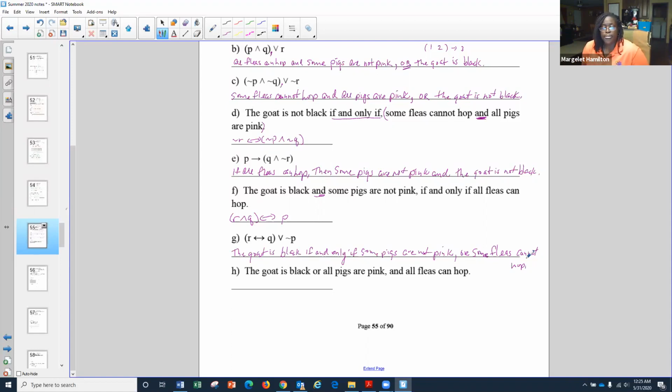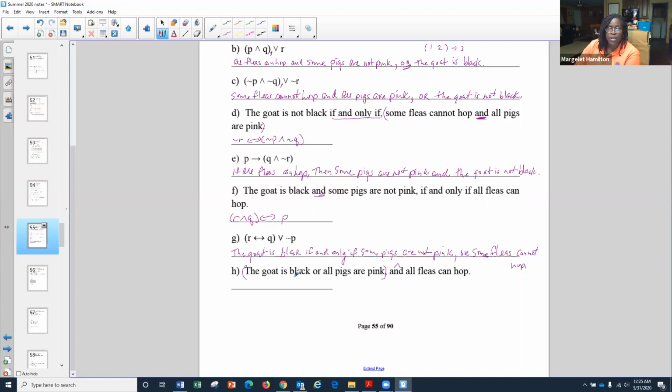Okay. And H. The goat is black, or all pigs are pink, comma, and all fleas can hop. Looking at the structure, you should write off that you have the goat is black, or all pigs are pink, should be together in parentheses. You have an and, right? And then you have your last statement there.